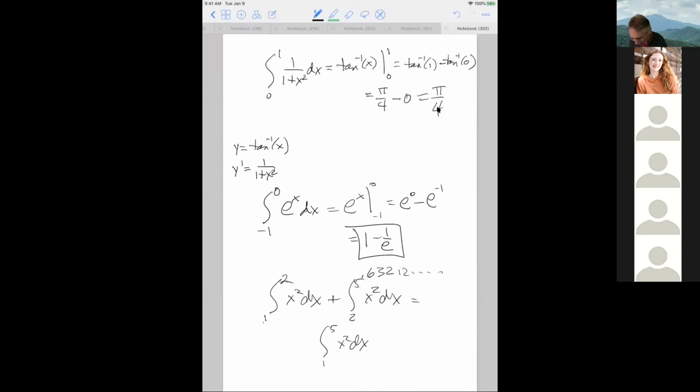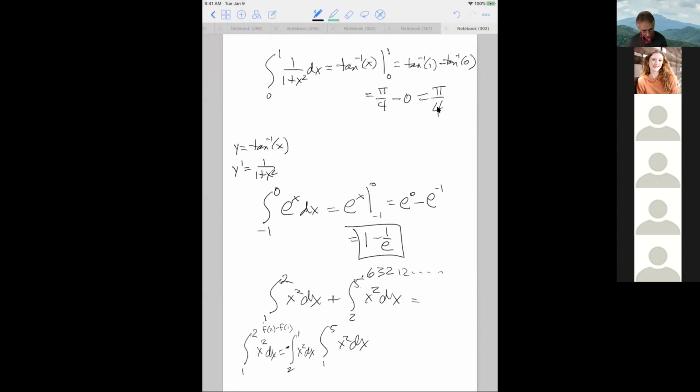Another one that they show is that the integral from 1 to 2 of x squared dx is equal to the negative of the integral from 2 to 1 of x squared dx. Stop and think about what this means. The first one means I've got cap F of 2 minus cap F of 1 as the answer.